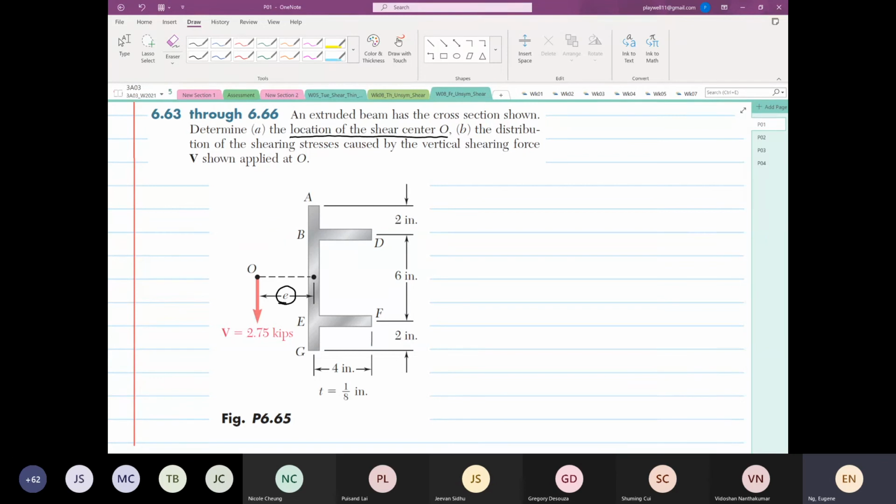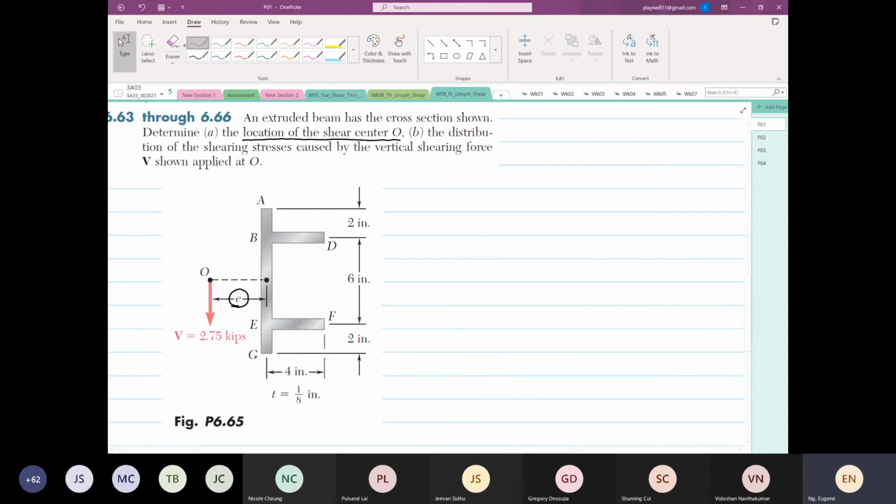So I'm going to write down the solution procedure.